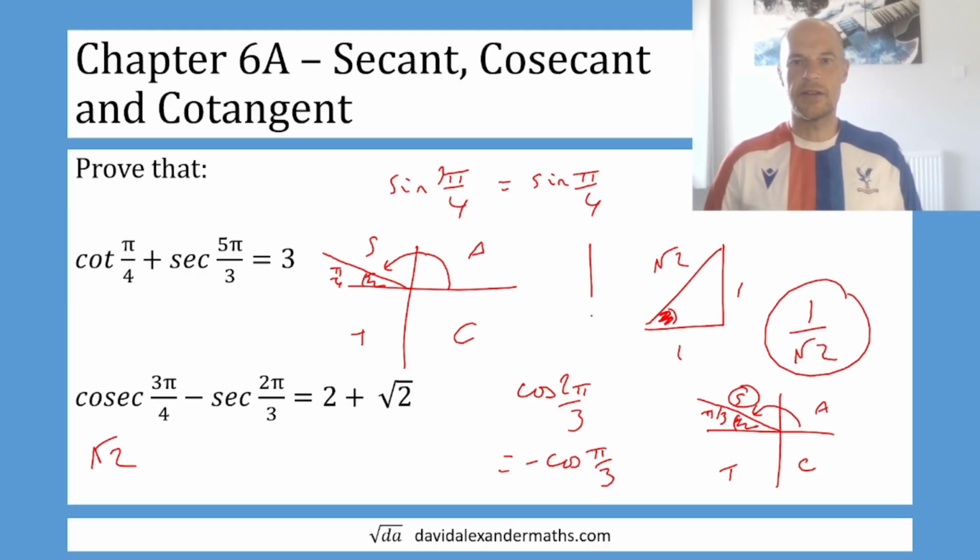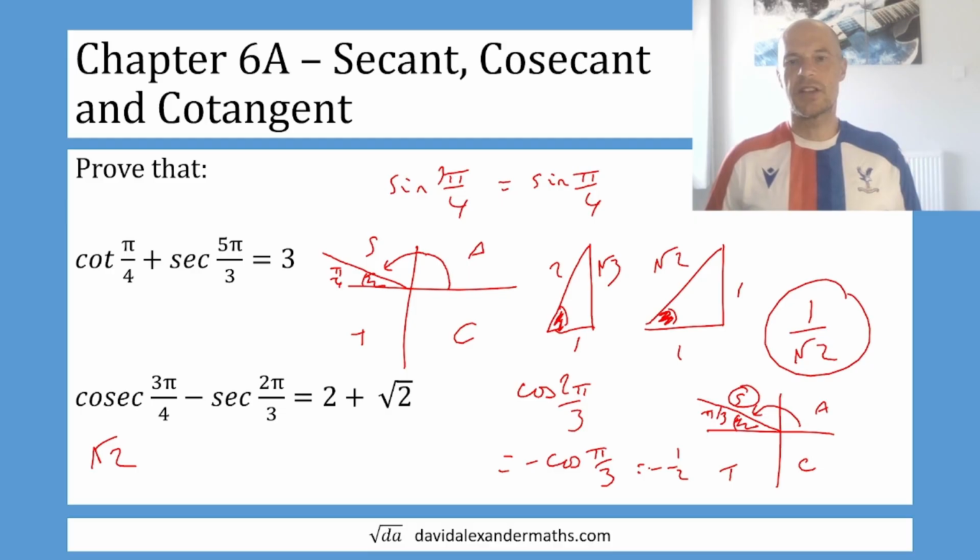Let's do our triangle here, shall we? That's 1, 2, root 3, and pi over 3 is this angle here. So the cos of pi over 3 is 1/2, and the negative cos of pi over 3 is minus 1/2. So the cos of 2 pi over 3 is negative 1/2.